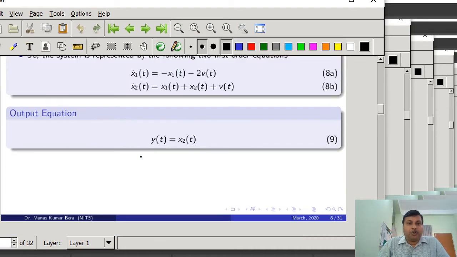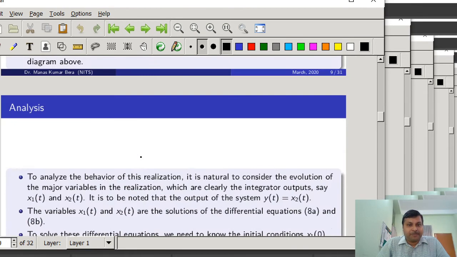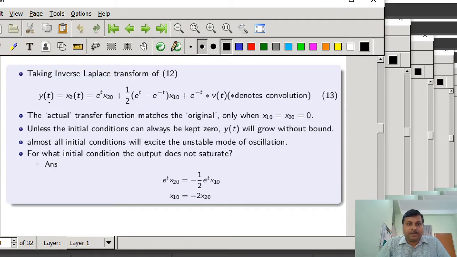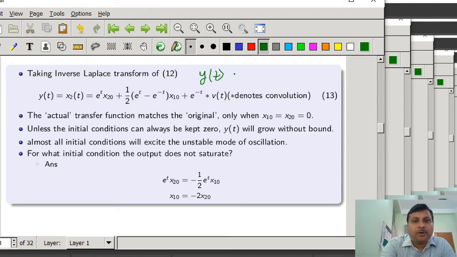Another very important thing: if you observe the output expression y(t), and at any time we want to determine the system output for t greater than or equal to t0, what do we require to know?